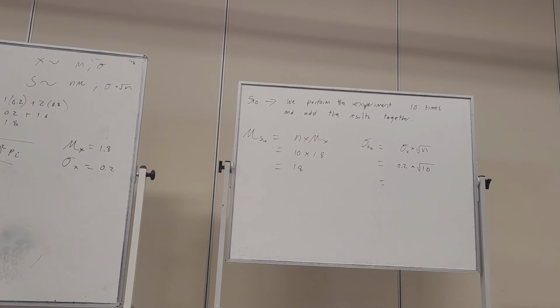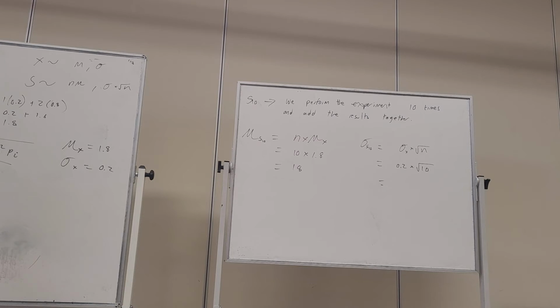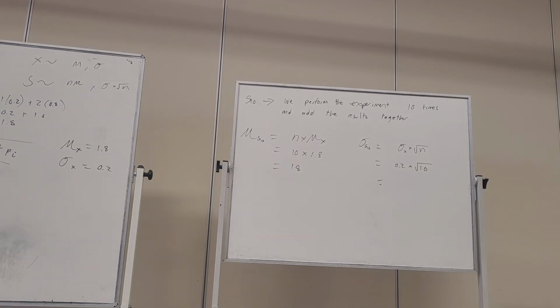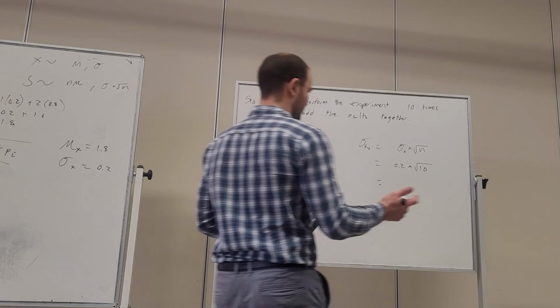We find the mean and standard deviation of S10 using those two formulas. The standard deviation is 1 on 5 times root 10. I think the best way to answer it is root 10 on 5.